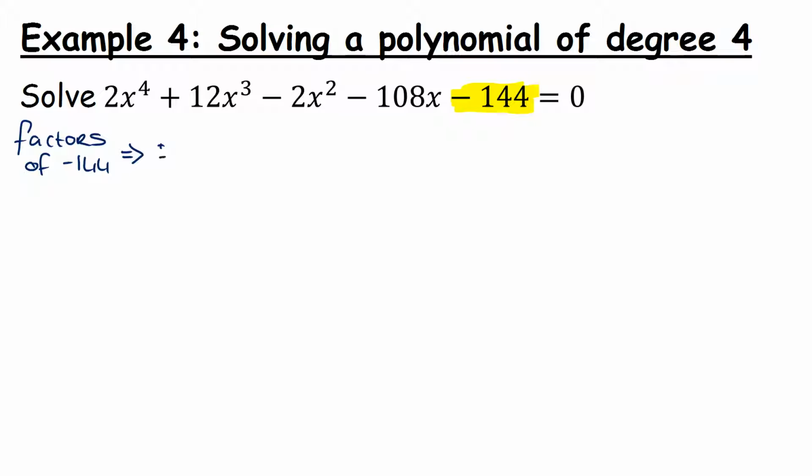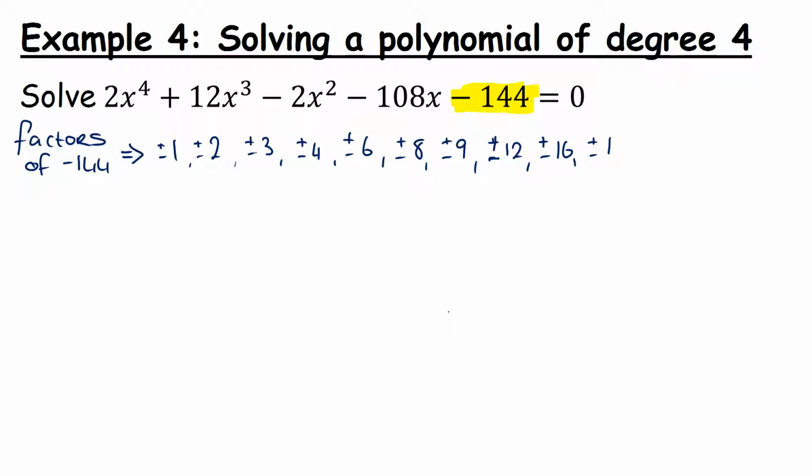So that is plus minus 1, plus minus 2, plus minus 3, plus minus 4, plus minus 6, plus minus 8, plus minus 9, plus minus 12, plus minus 16, plus minus 18, plus minus 24, plus minus 36, plus minus 48, plus minus 72, and plus or minus 144.